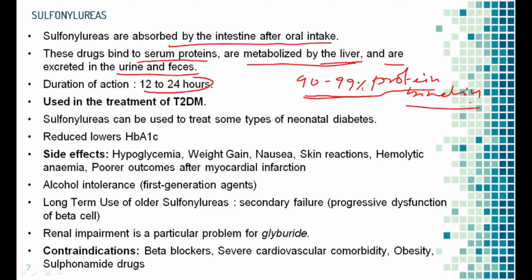Duration of action is almost 12 to 24 hours. They are used in the treatment of type 2 diabetes mellitus. These drugs can be used as monotherapy, or along with other drugs like metformin and other oral hypoglycemic agents.